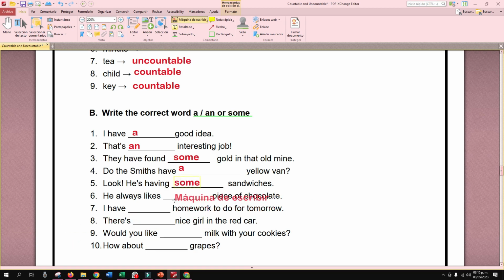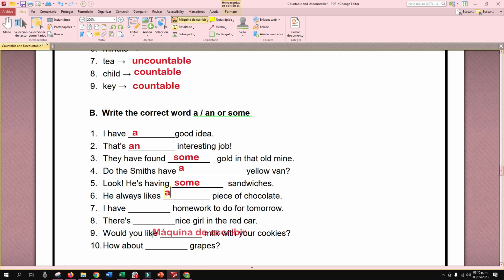Some sandwiches. Six. He always likes a piece of chocolate. I'm talking about some pieces or a piece of chocolate. A, right? He always likes a piece of chocolate, right? You can say some if you have pieces right there.